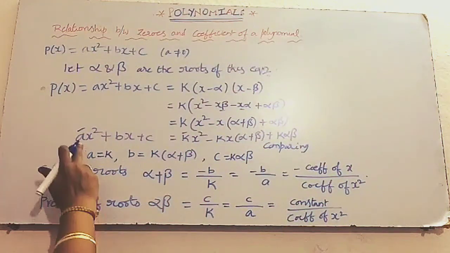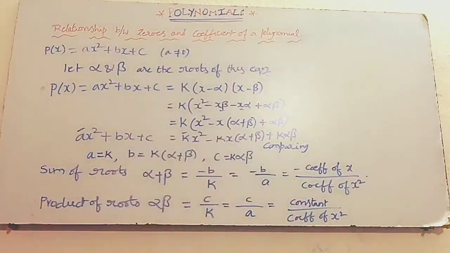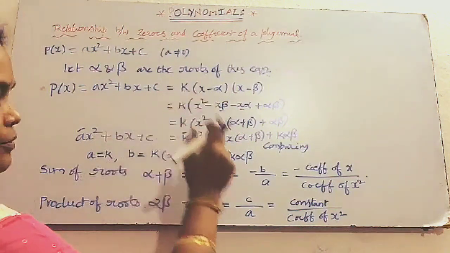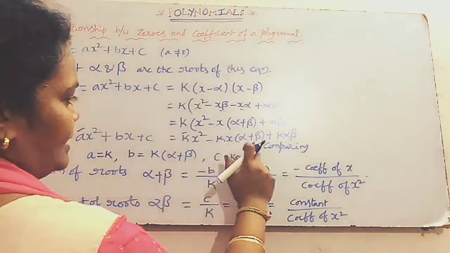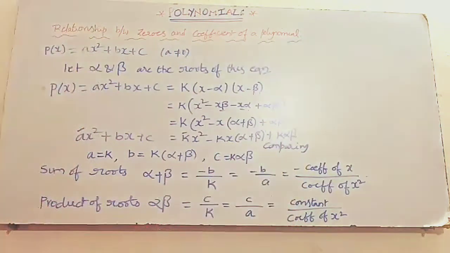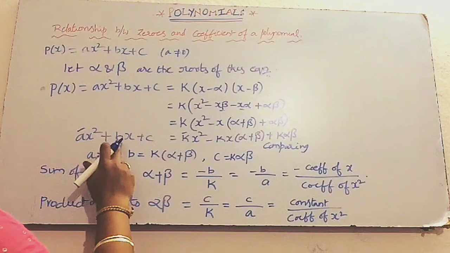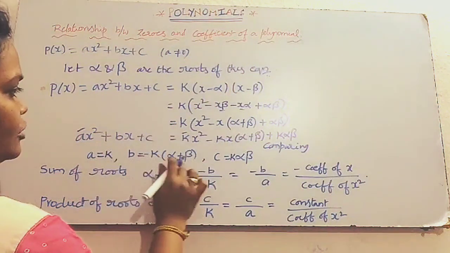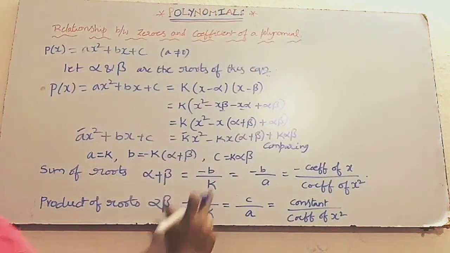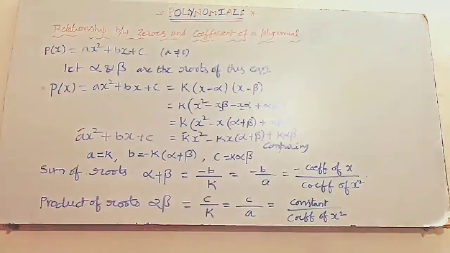Once again I will tell, comparing both these two equations, ax square plus bx plus c equal to kx square minus kx into alpha plus beta plus k alpha beta. So then a equal to k and b equal to minus k into alpha plus beta, c equal to k into alpha beta.